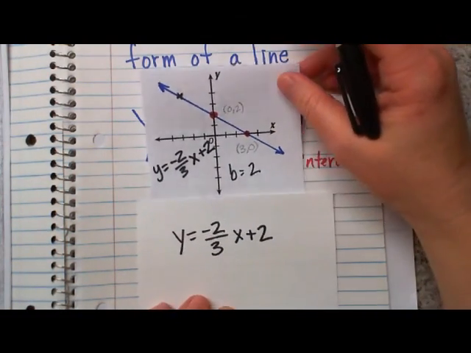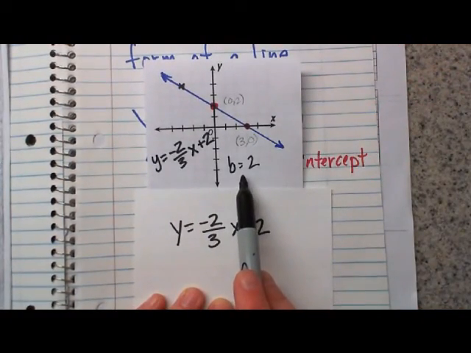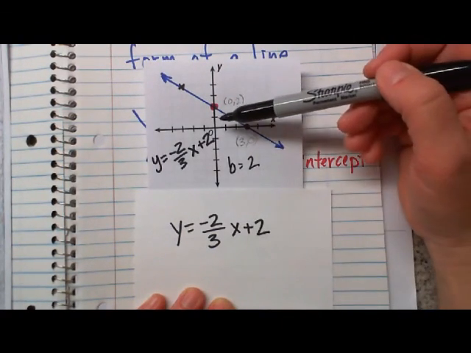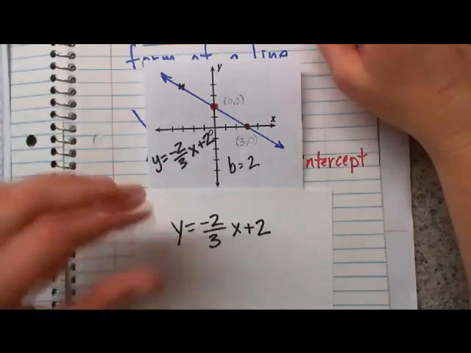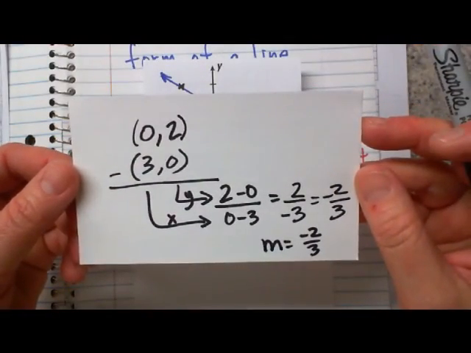And then we made sure to note that b equals 2. b is the y-intercept, so we wrote b equals 2. And then we calculated the slope using the method we have in class.